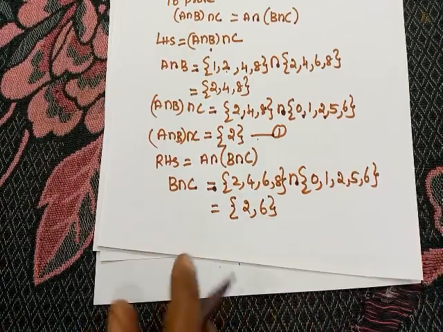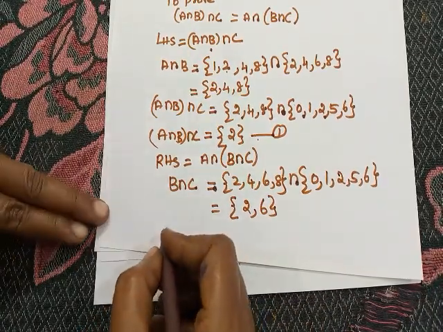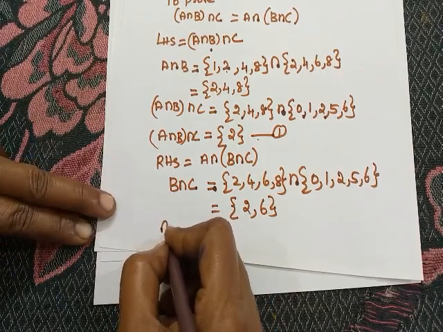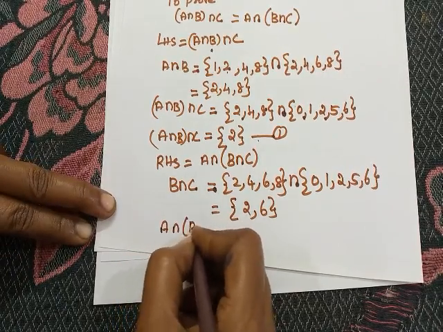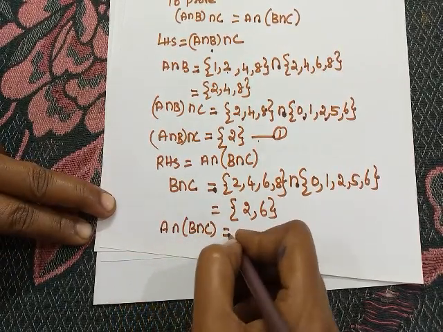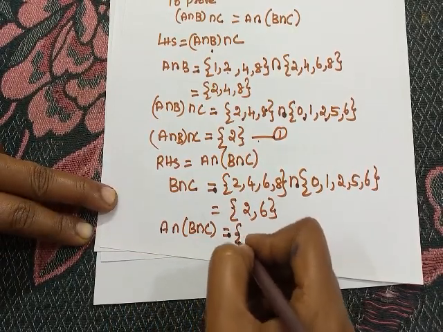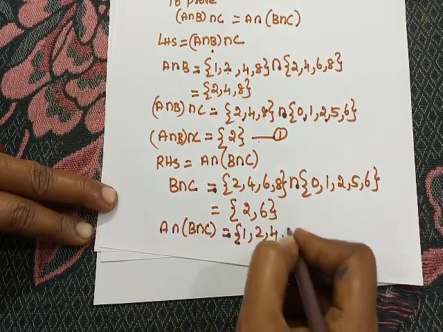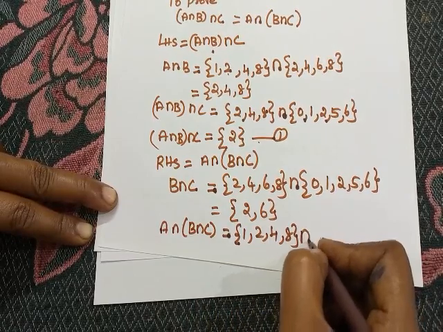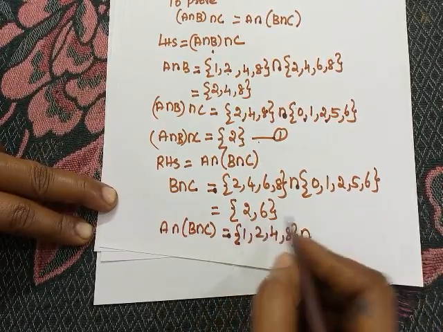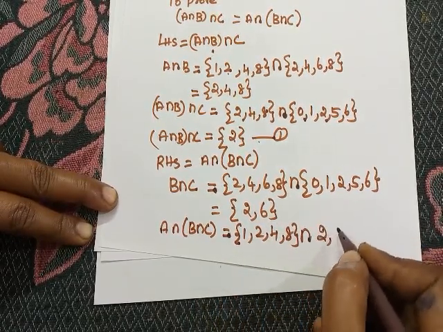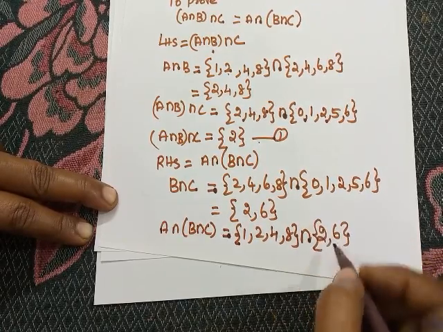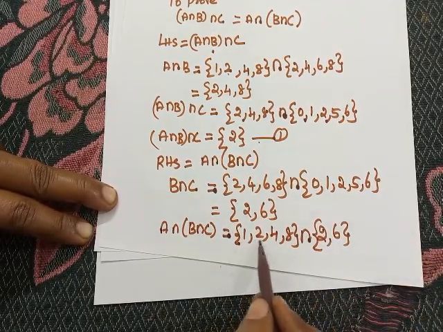Now RHS together, that is A intersection, bracket, B intersection C is equal to A set 1, 2, 4, 8 intersection B intersection C, which is 2, 6. Now we have to write the common value. Which is the common?